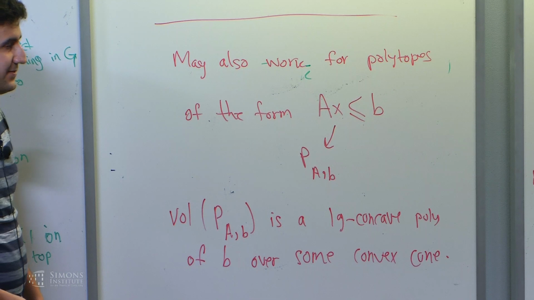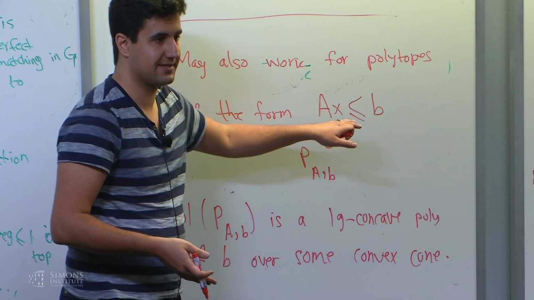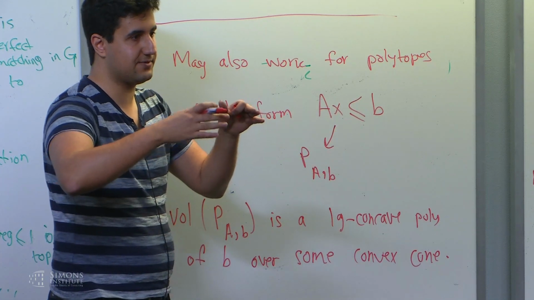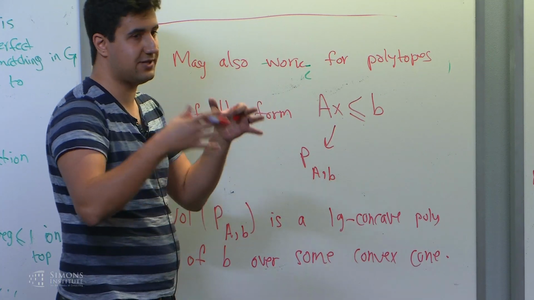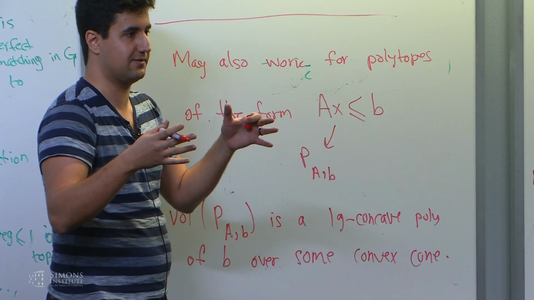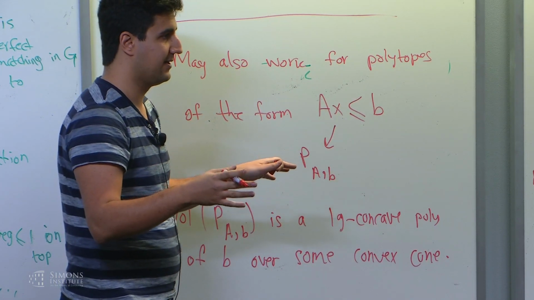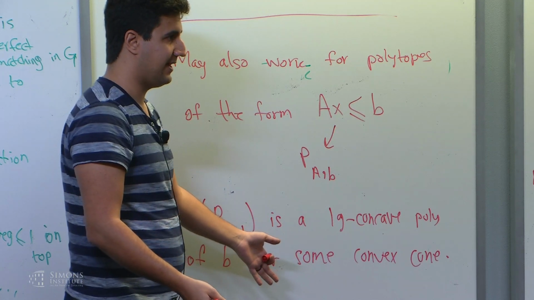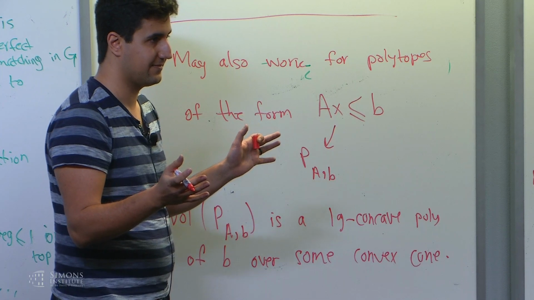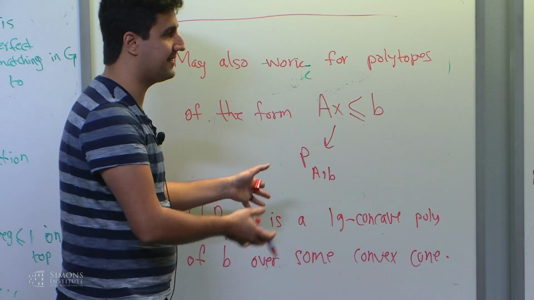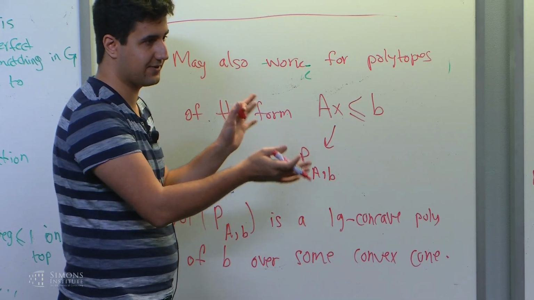If you think of the polytope described by these inequalities, if you perturb the B's, you're basically moving the facets of the polytope. There is some region in which you haven't changed the polytope combinatorially: no new vertex has appeared, no old vertex has disappeared, and so on. That turns out to be a convex cone, and the volume polynomial is a log-concave function over that cone. It's even completely log-concave when you generalize the notion of complete log-concavity from the positive orthant to cones.